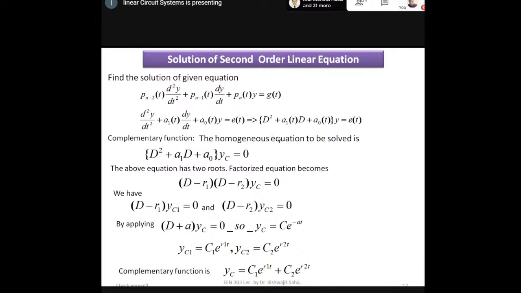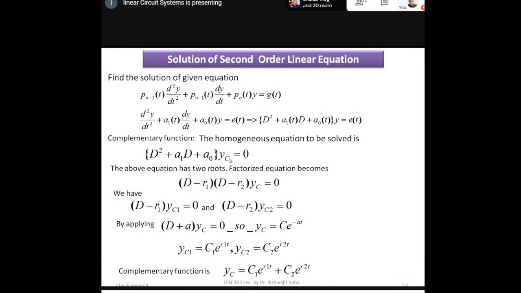Before that, we need to consider firstly the homogeneous part, and after that the non-homogeneous part. For the homogeneous part, we consider D square plus a1 D plus a0 of yc equals 0. Here the last equation was y, but the new equation considers yc because we have divided into complementary function and particular integral.